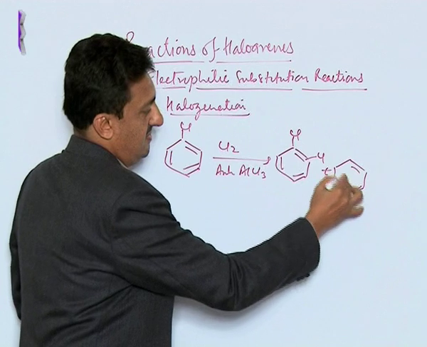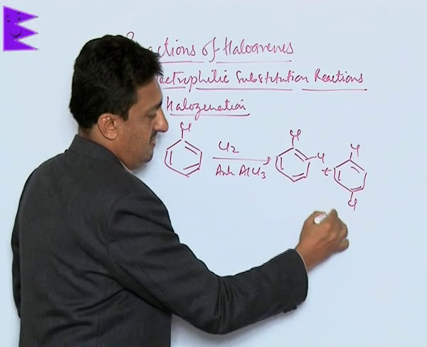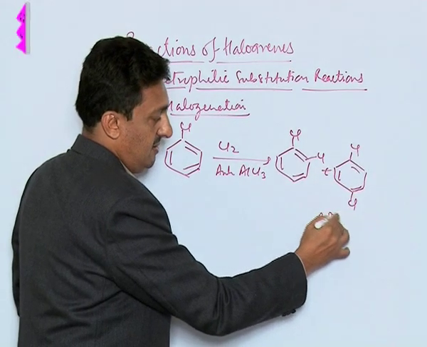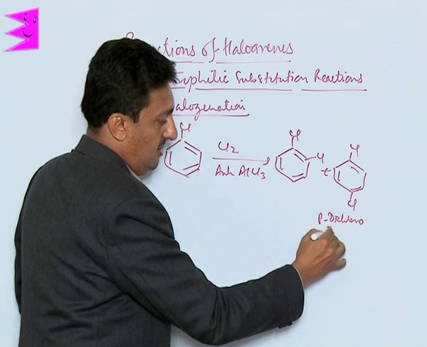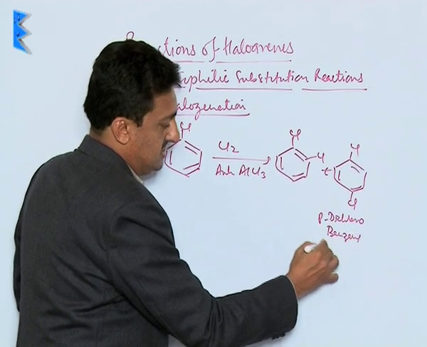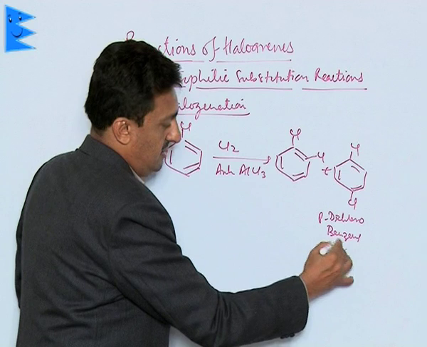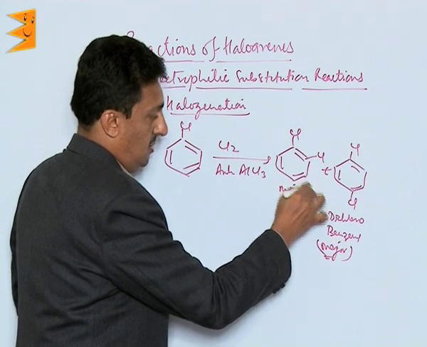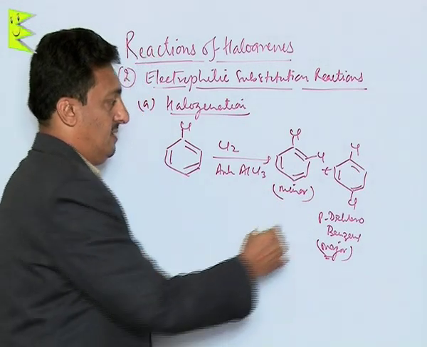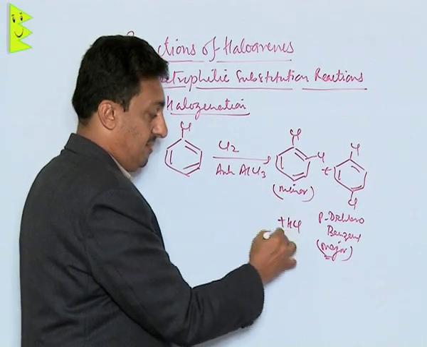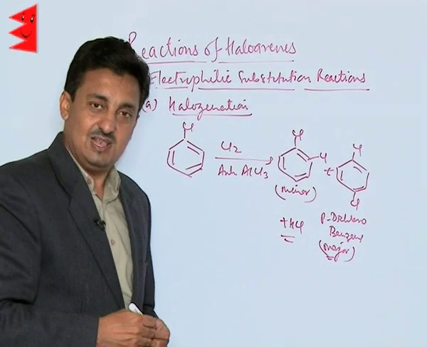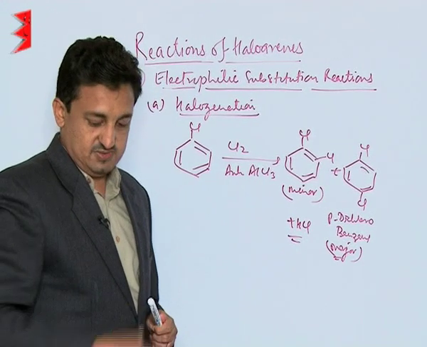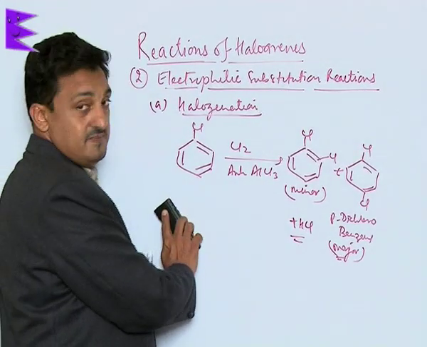One is this, other is this. This is called para-dichlorobenzene, and this will be your major product, whereas ortho-dichlorobenzene will be your minor product, and along with this we get HCl. So that's the halogenation. Now let us see nitration.